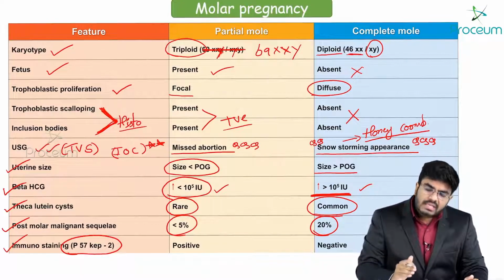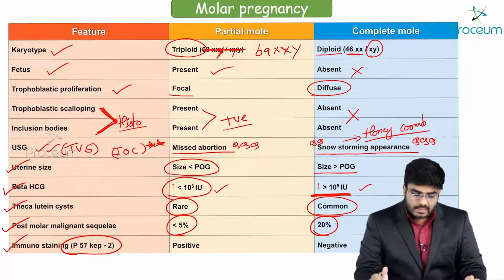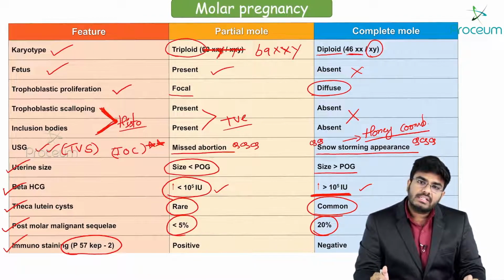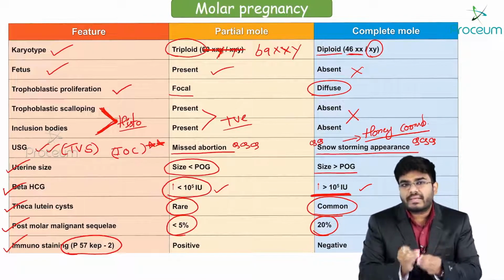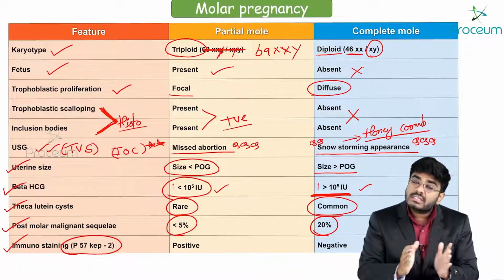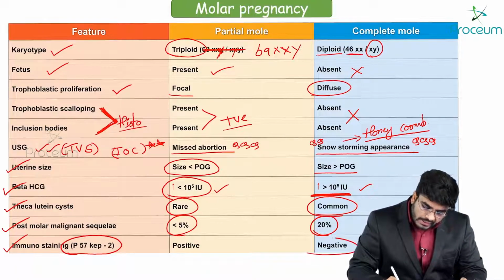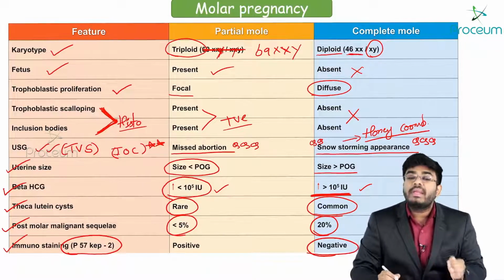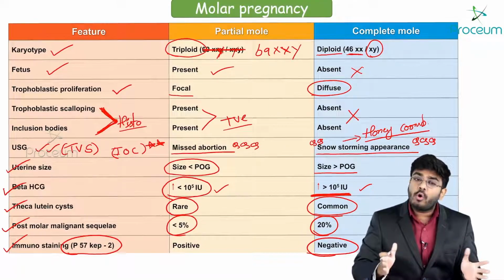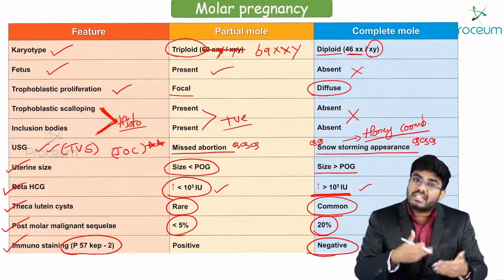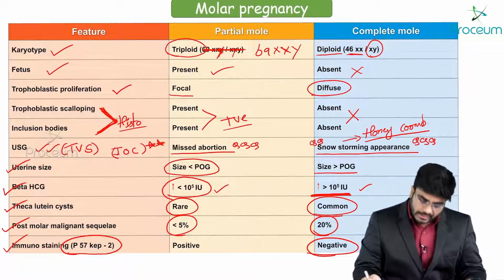So in partial mole and complete mole, let's see the difference. Complete mole is a condition where the entire genetic material is paternal in origin, so there is no maternal genetic material. If there is no maternal genetic material, automatically this P57 Kip2 is going to be negative. So the stain is going to be negative.